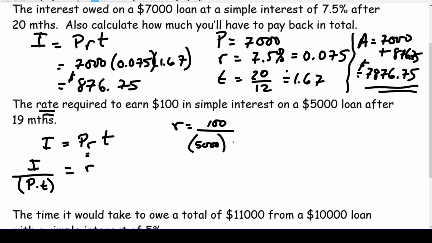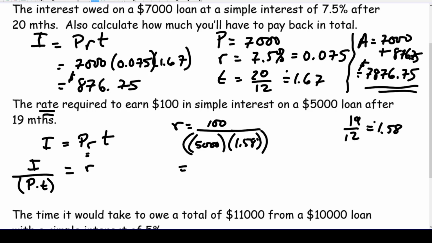T is 19 months, so I'm going to calculate 19 months in year values over here, just so I don't have to do it within the formula itself. And 19 divided by 12 is 1.58 years, approximately. So that goes in for the time value. And I'm going to put big brackets around the entire bottom.